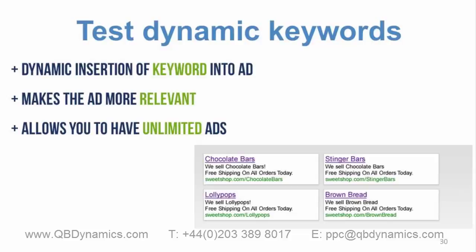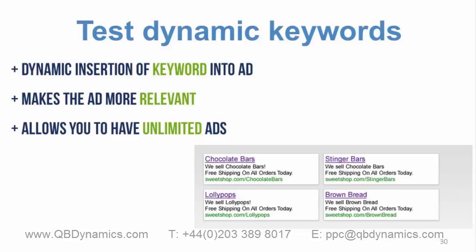Sweetshop.com is a shop that sells pretty much any type of sweet. Now, if you search or put in any of the phrases related to sweets, like chocolate bars, stinger bars, lollipops, etc., they're automatically building an ad where they dynamically insert that search term into their ad.